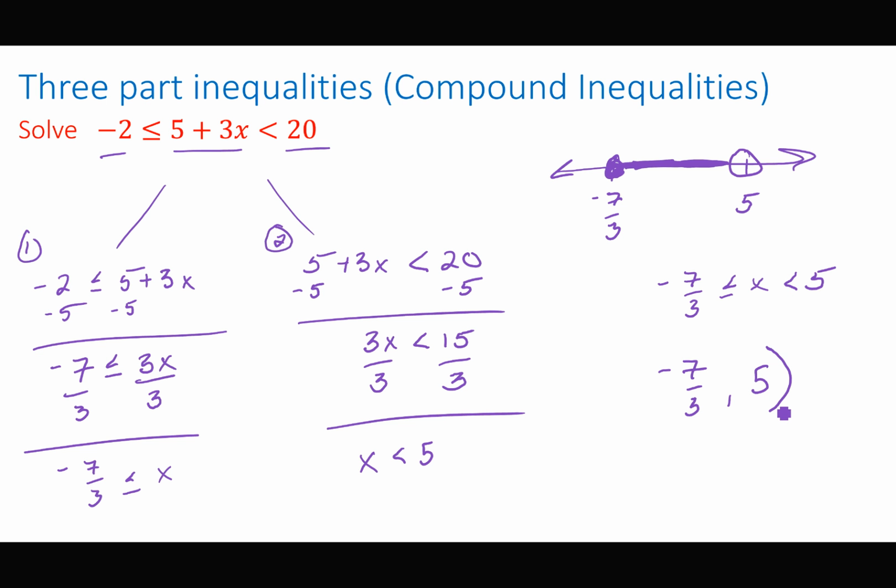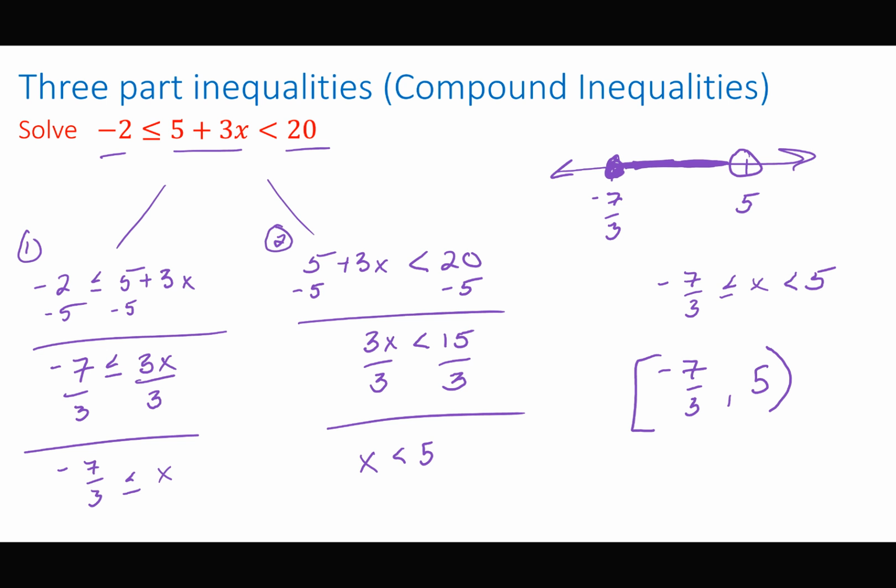I'm not including 5 because that was an open circle, but I am including negative 7/3. So there's three different ways that we can represent the solution to this. Any number including negative 7/3 all the way up to 5, but not counting 5, will work.